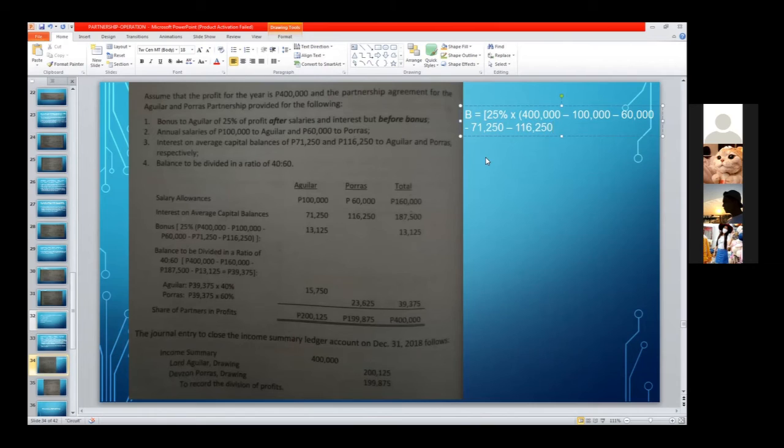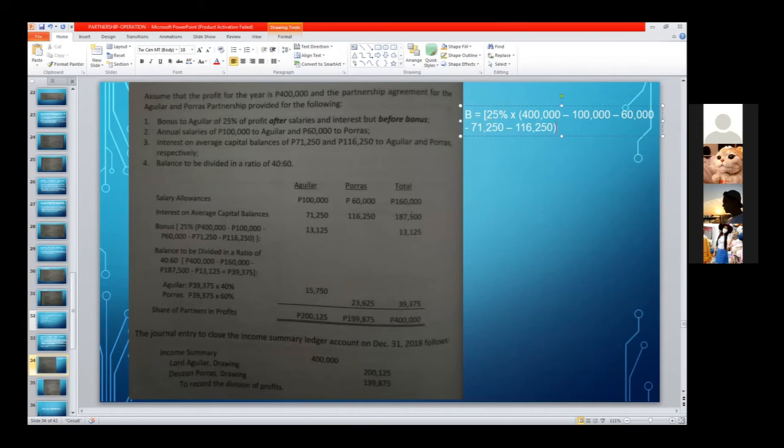Pero, how about yung bonus? I-deduct pa rin ba natin yung bonus? Okay, so, hindi na yung i-deduct. Kasi ang sabi dito, before bonus. So kaya, hindi na siya kasamang i-deduct.